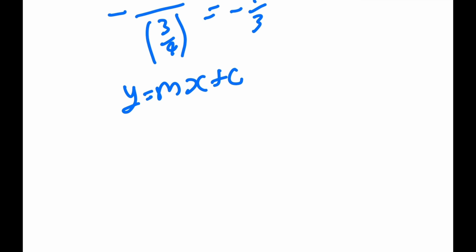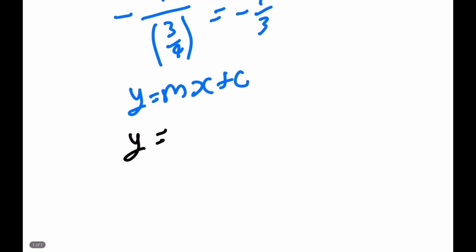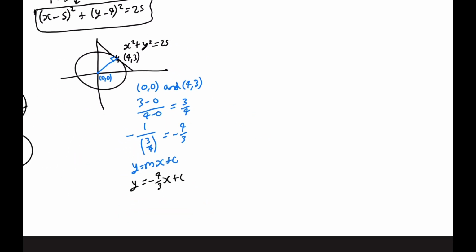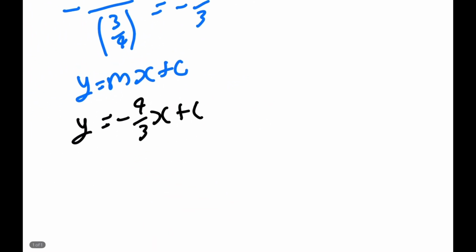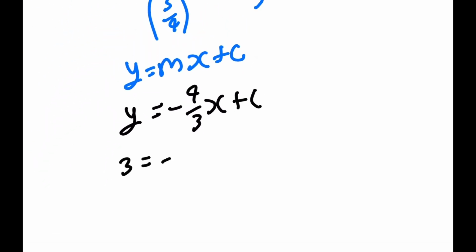And now let's substitute everything into the equation. Because we know the gradient is minus 4 over 3, y equals minus 4 over 3 x plus c, and we have 1 point that goes through that line, we can substitute. So y equals 3, x equals 4.